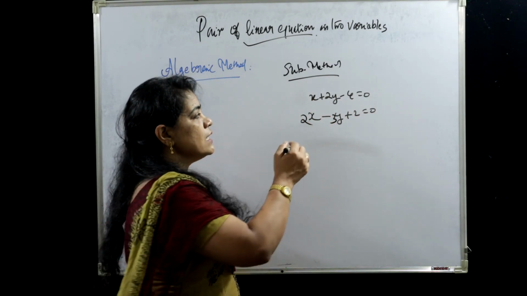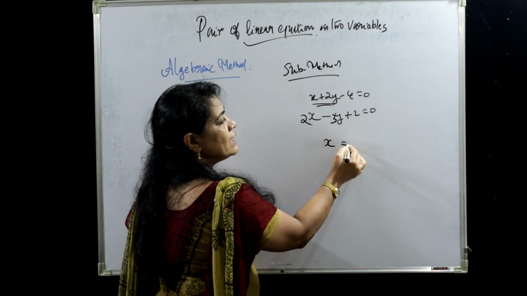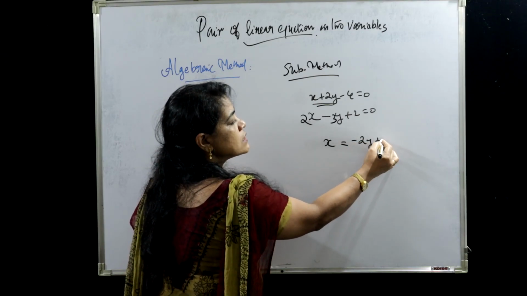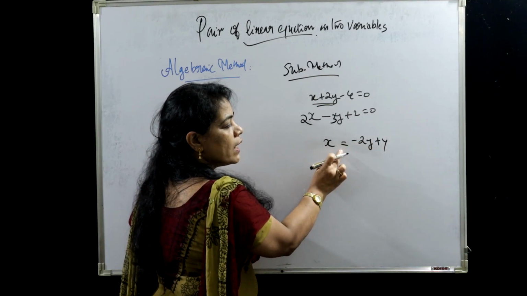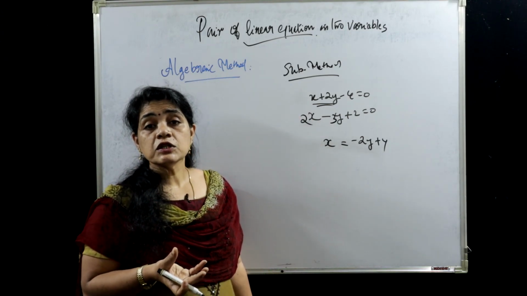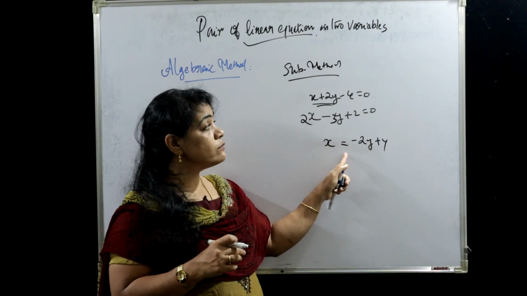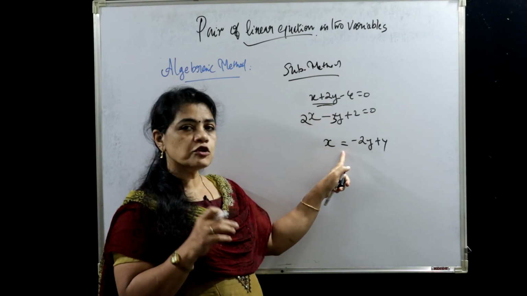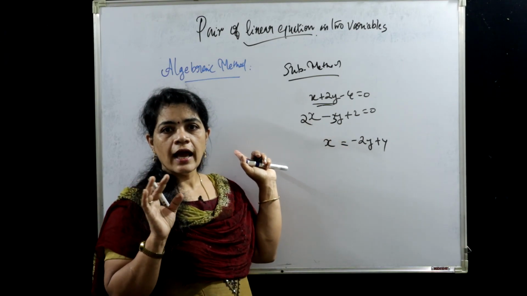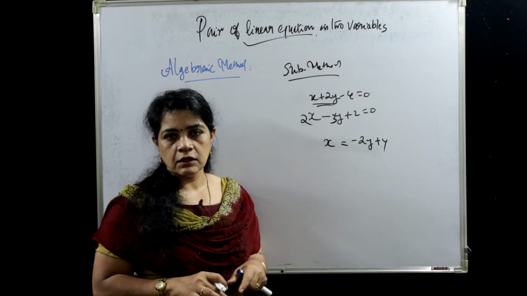You keep x alone in the first equation and take the other terms to the RHS, that is, -2y + 4, and you substitute this value in the second equation. From whichever equation you get the value for substitution, you need not substitute it again in the same equation. This value should be substituted in the remaining equation. Understood? Hence, you can easily get the values of x and y. That is the substitution method.